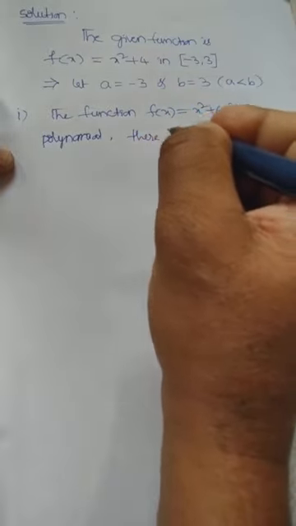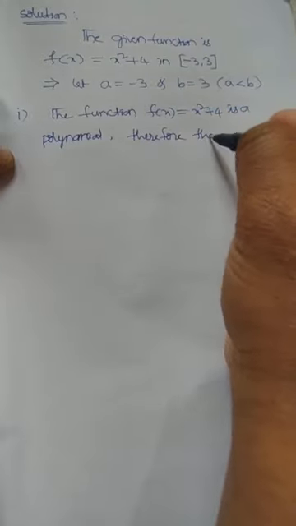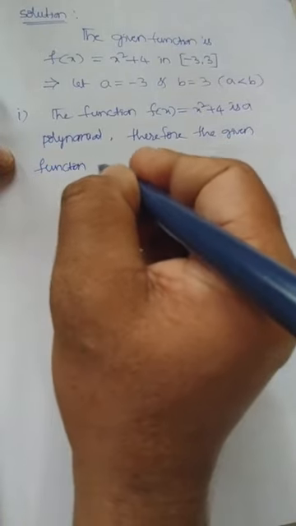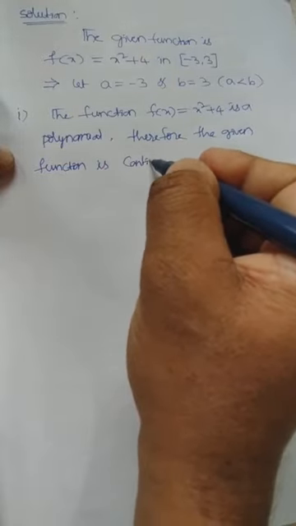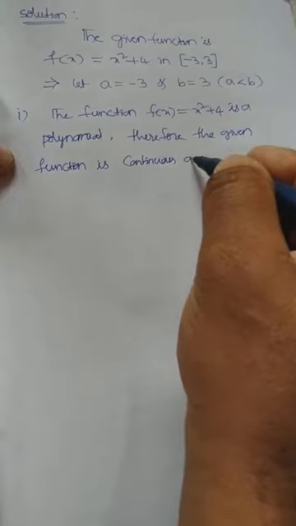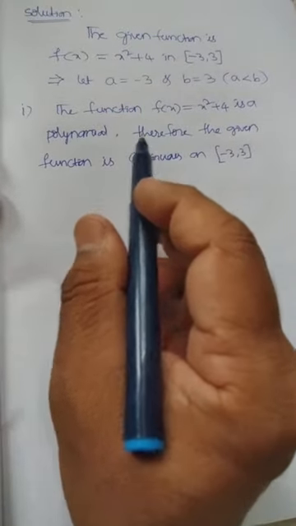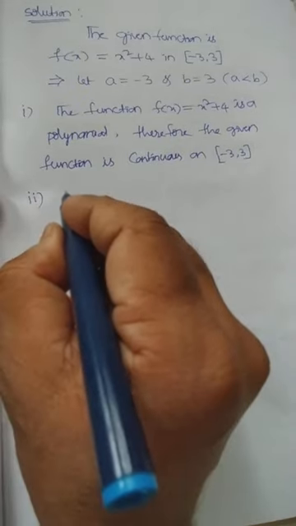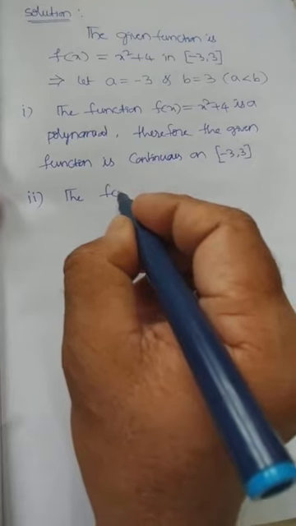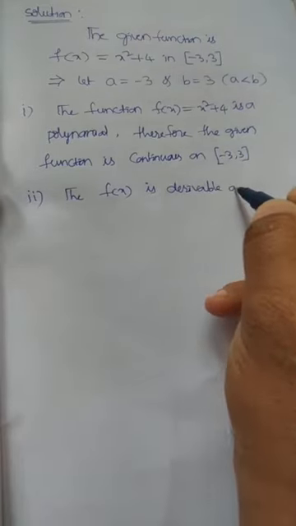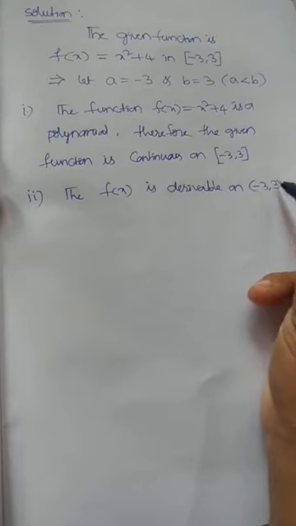Therefore the given function is continuous on the closed interval [a, b], which means [-3, 3]. Since f of x is continuous on the closed interval, the second condition: the function f of x is derivable on the open interval (-3, 3).